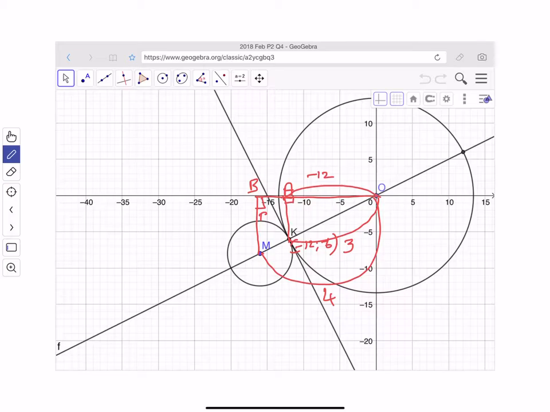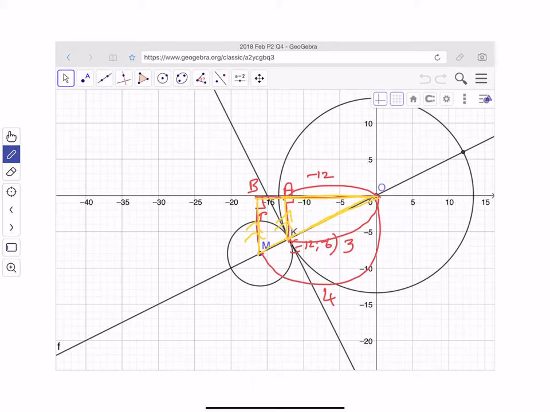How we do this is we look at the triangle OAK, and look at the triangle OBM. You can see this is angle A and angle B, and definitely they are perpendicular, because these two are perpendicular.